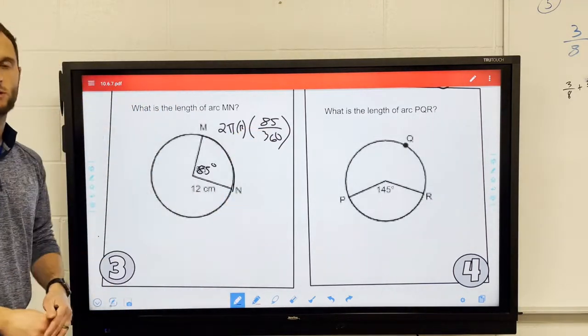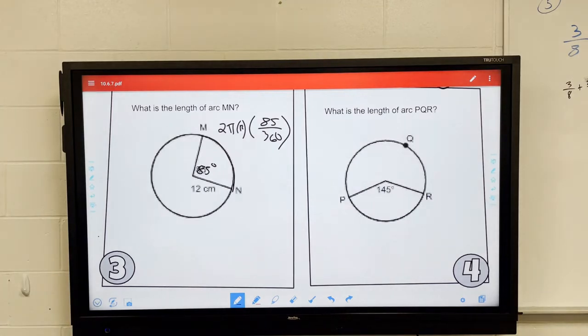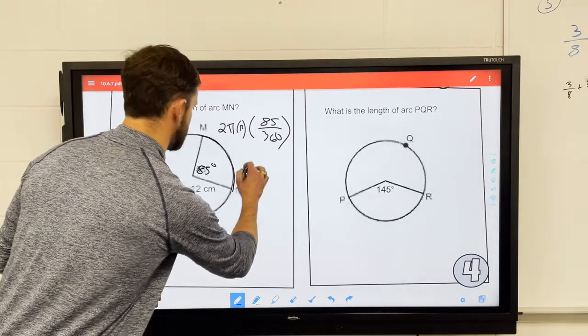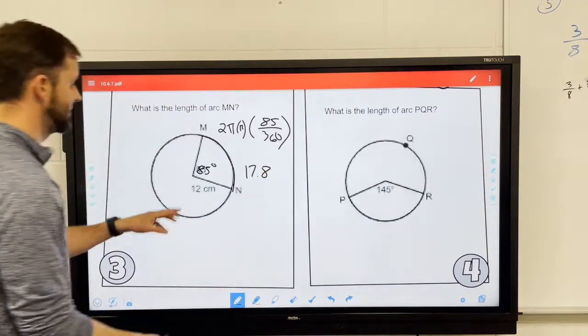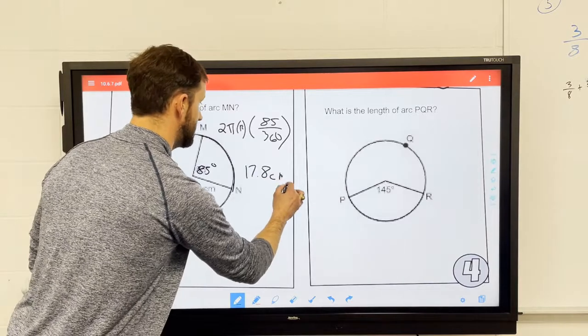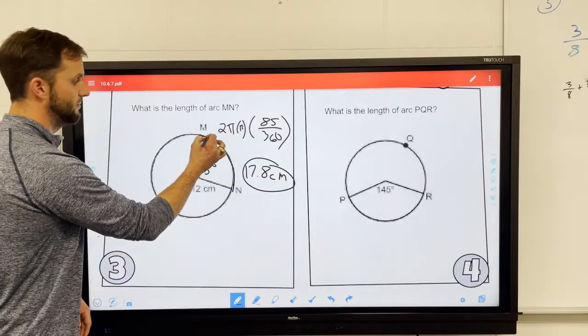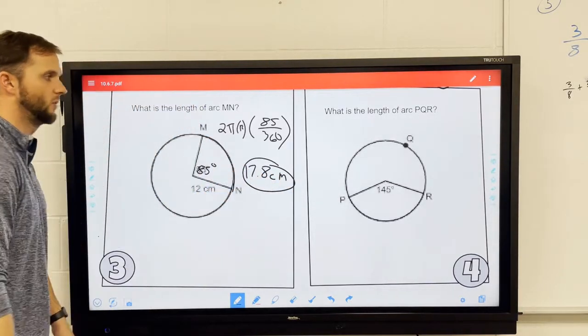So literally all I have to do is multiply all this out. So 2 times pi times 12 times 85 over 360. When I click enter, that should give me 17.8, and that's going to be centimeters. So the arc length from M to N is going to be 17.8 centimeters.